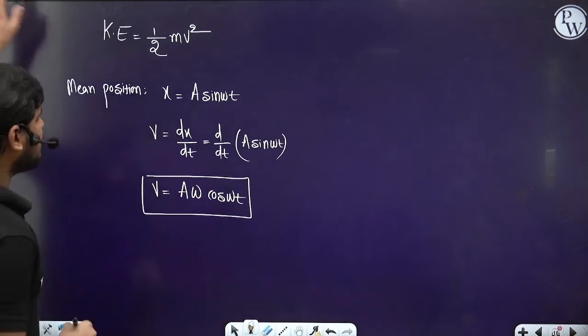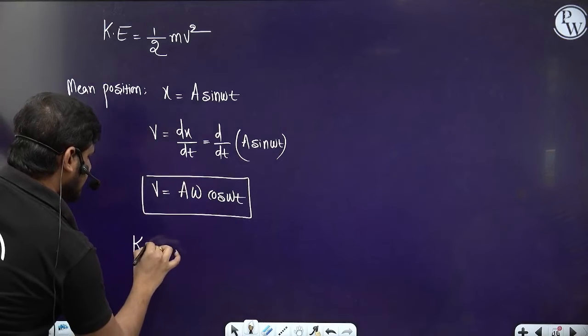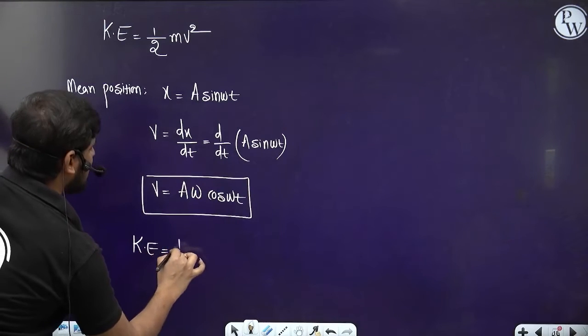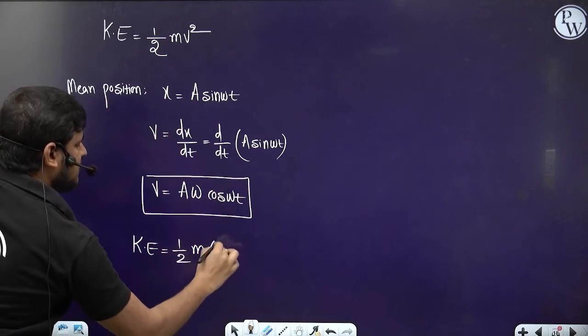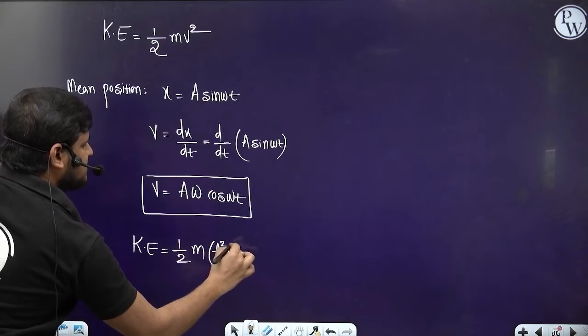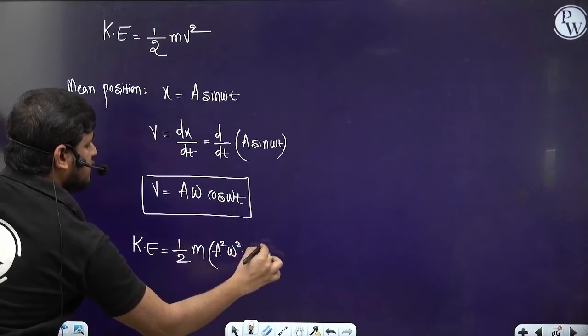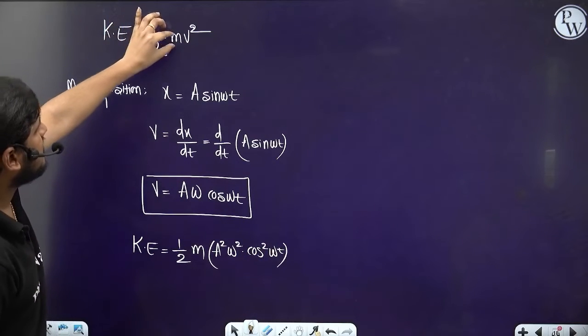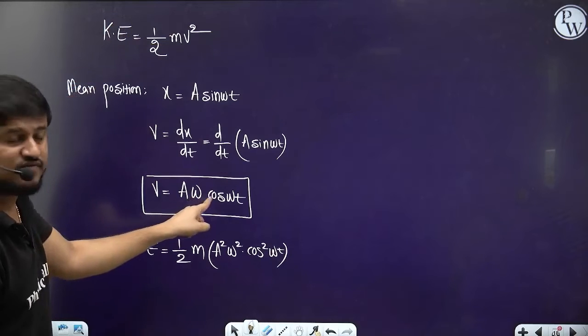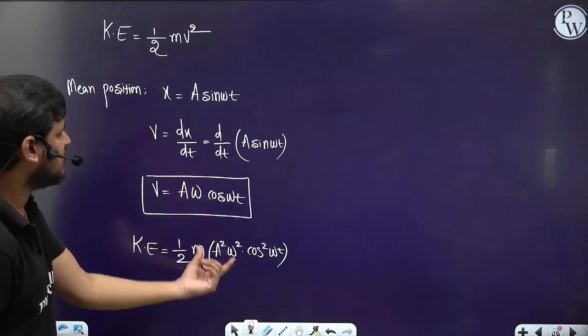So then what will be the kinetic energy? The kinetic energy will be equal to half m into, in place of v I am substituting this one, A omega cos omega t whole square.